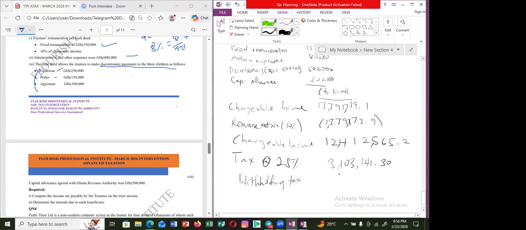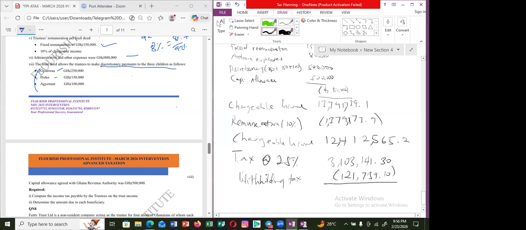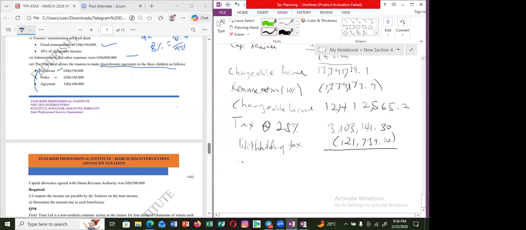So you less that one. Whatever you get is the amount available for distribution to the beneficiaries. Please give me the value.